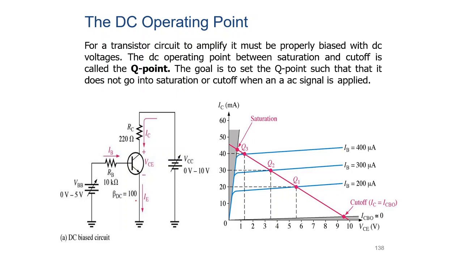Next we have to discuss how to choose the Q point with respect to the output characteristics. Once we have given the supply voltages, we study the input characteristics: maintain the output voltage constant, vary the input voltage and input current, and draw the sketch. You will get a sketch like this.